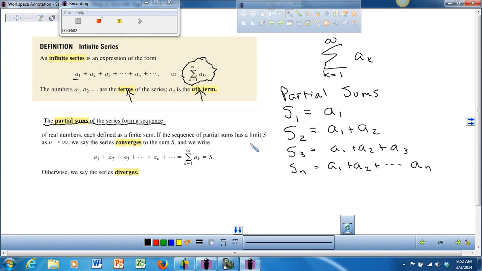All right, so if we want to determine if this series converges, then we will create what is called a sequence of partial sums. And that sequence would be s sub 1, comma, s sub 2, comma, s sub 3, on up.